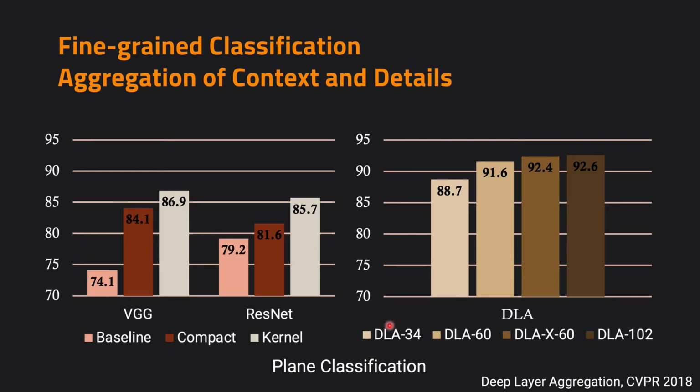You can see that without additional change of the structure, the DLA network, deep layer aggregation network, can achieve much better accuracy than the previous models that were designed specifically for fine-grained classification. This shows that deep layer aggregation can indeed pick up the spatial information and the small detail differences in the original image, even though the task is classification.